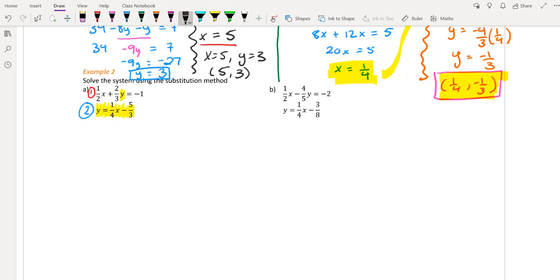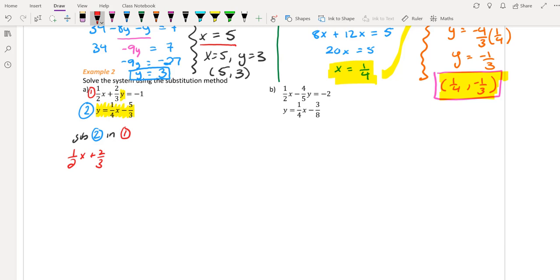Right? So we're going to substitute our second equation into our first equation. Right? So we start off with our first equation. We have 1/2 x plus 2/3. Oh, there's the y.